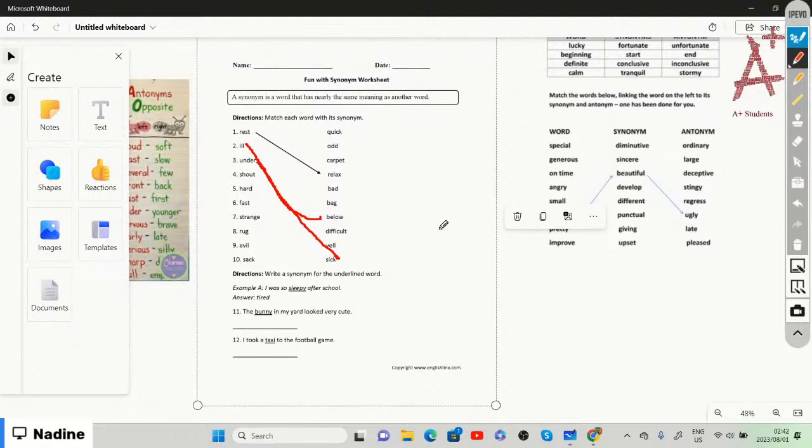Quick, odd, carpet, relax, bad, bag, below, difficult, while, sick. All right, let's go to hard. The same as hard. Something is hard, something is difficult. Fast.